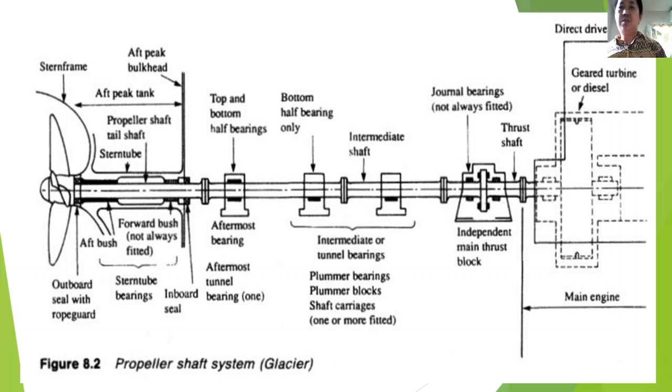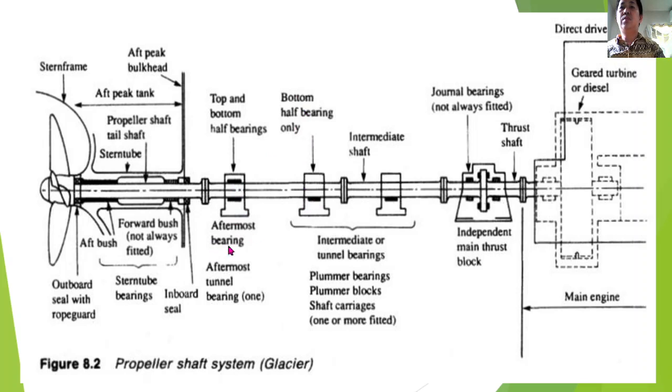So propeller shaft system. As you can see here, you have the propeller shaft, the tail shaft here, and the stern tube is here. This is the stern tube, and you have the top and bottom half bearings. So here, this one inside the black one, you have the bottom half bearing here.